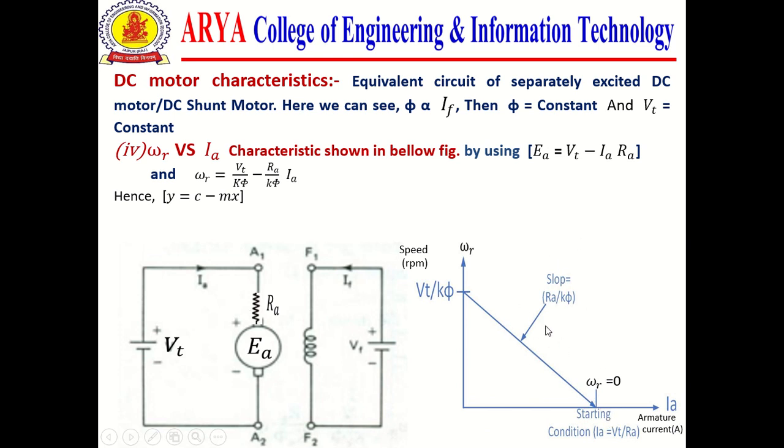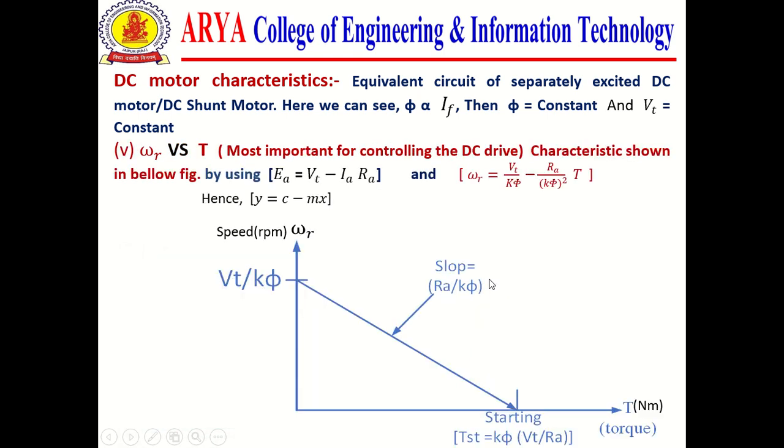You can see the slope m equal to Ra upon K phi, with a negative sign. This is decreasing, so if we increase the armature current, the speed is decreased. You can clear it. Now we come to the last characteristic.